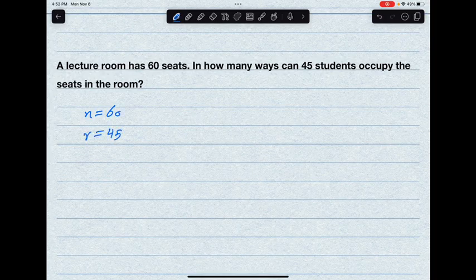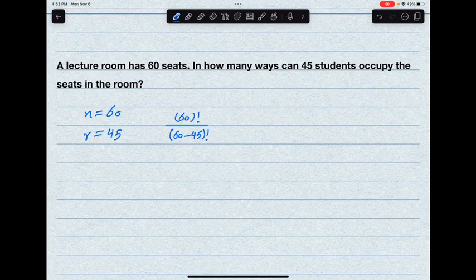So what is the total amount of ways? It's going to be 60 factorial divided by 60 minus 45 factorial. Okay, so that's how we solve it using the formula. But what is the logic? So we have 45 students.